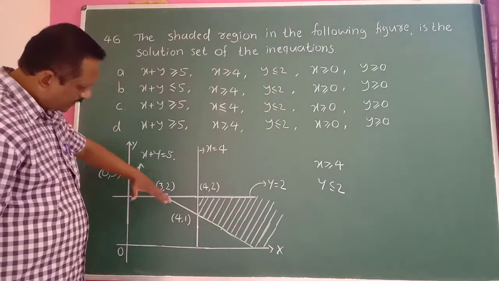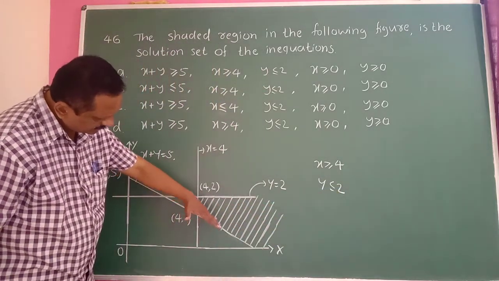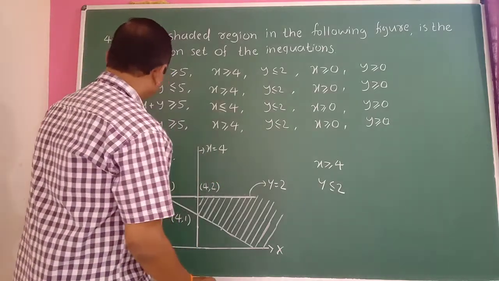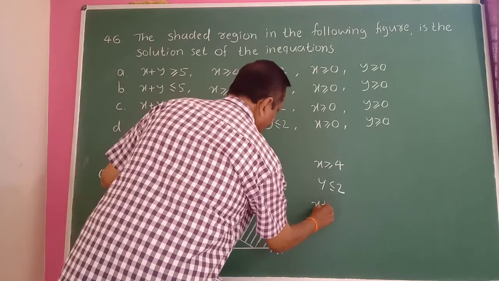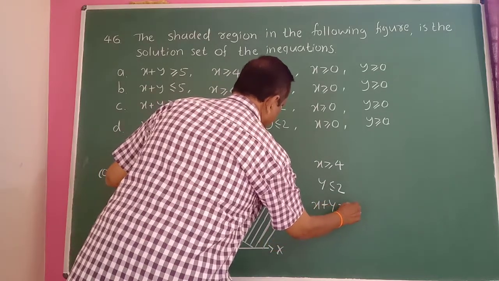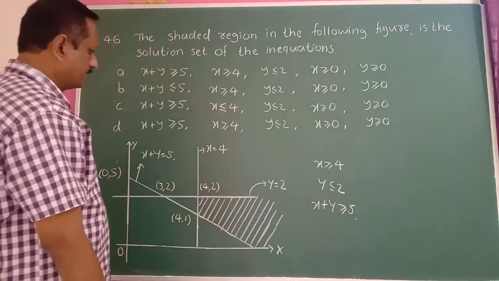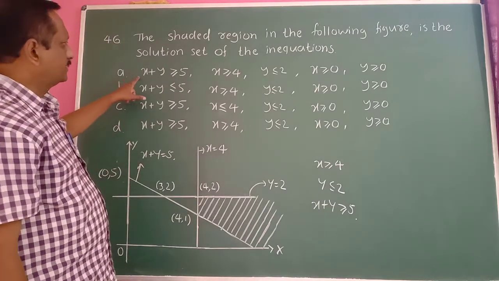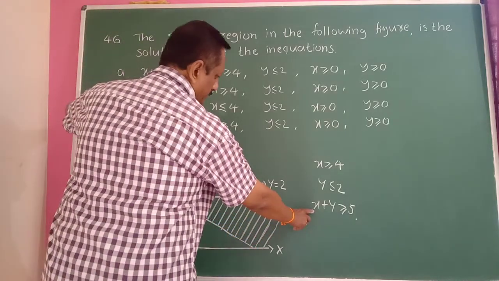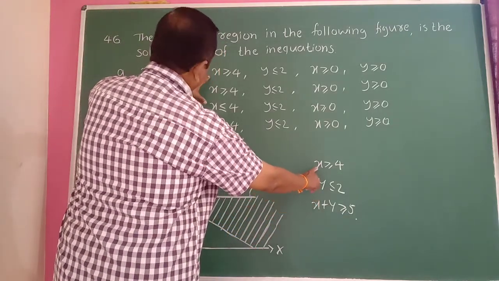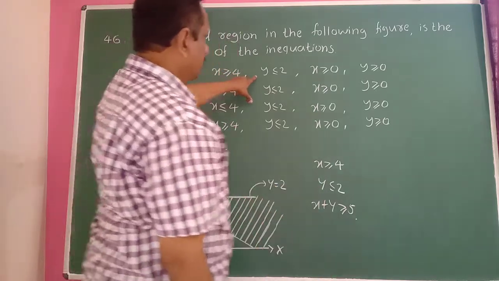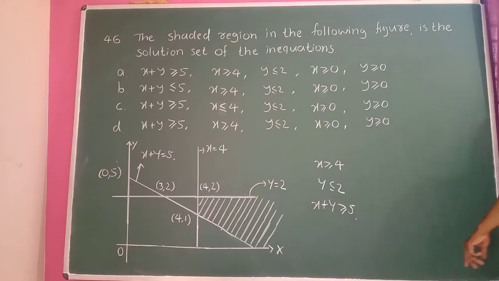And for this line the shading is above, therefore x plus y is greater than or equal to 5. So the first option is correct: x plus y greater than or equal to 5, x greater than or equal to 4, y less than or equal to 2.